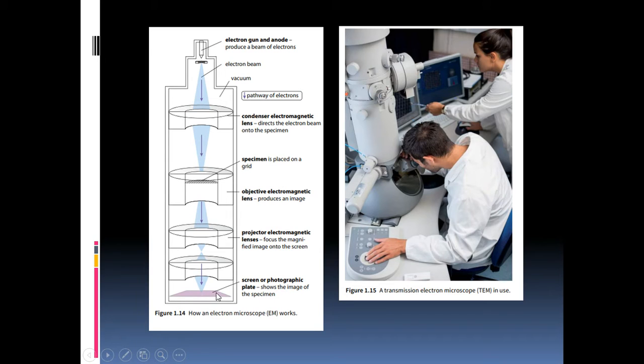The areas hit by electrons will shine brightly, producing a black and white picture. However, electrons that pass through a denser part of the specimen will hit the fluorescent screen at a much slower speed and produce a much darker image. So the contrast of dark and light on the fluorescent screen will produce an overall image of the specimen.